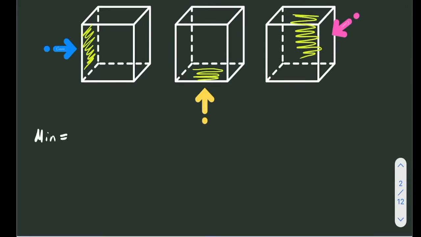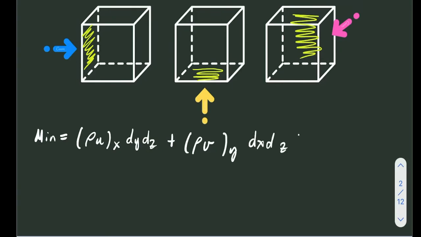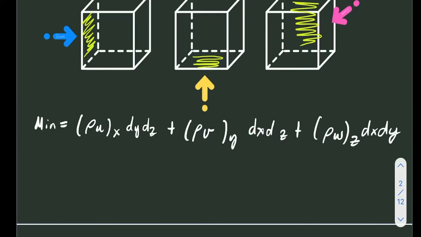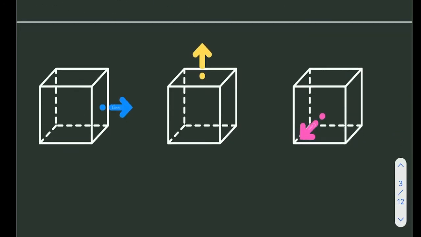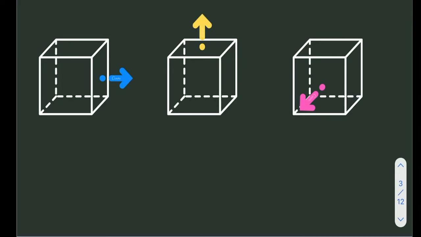M in is equal to your rho u at x times dy dz, plus rho v, dahil u, v, w, remember that, at y times dx dz, plus your rho w at z times dx dy.